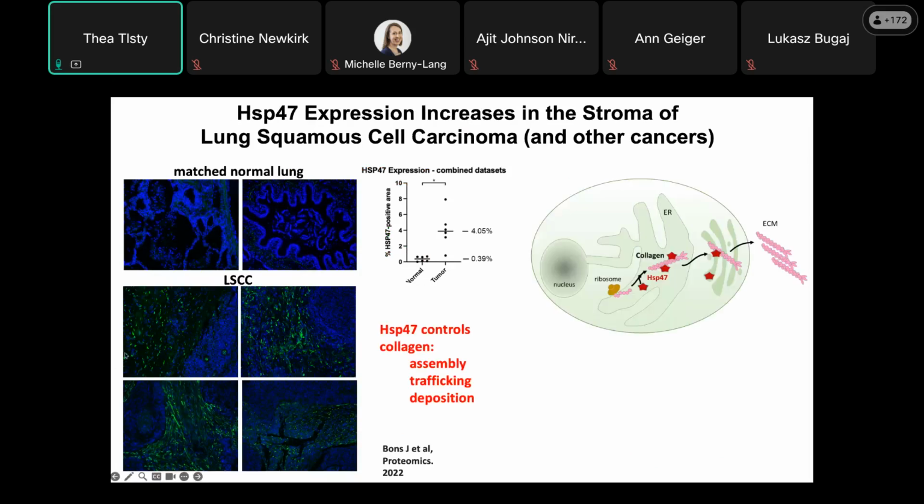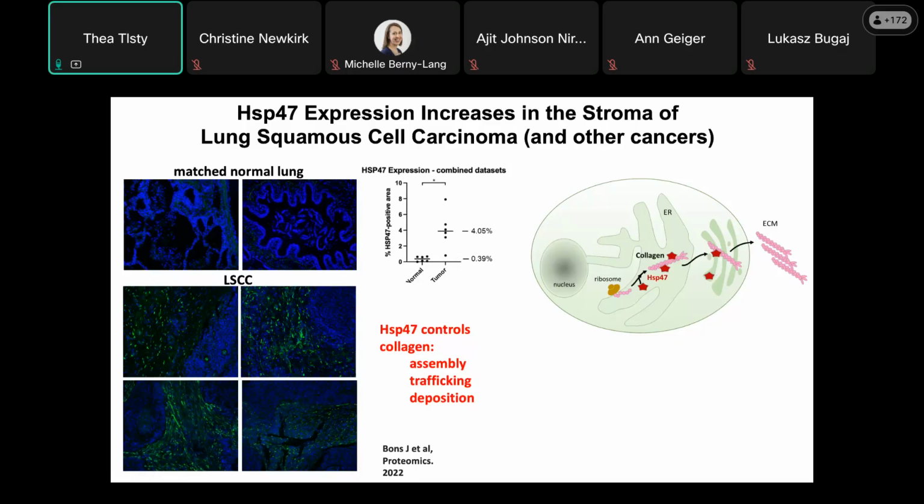And by the way, this would be the same if I showed you pancreatic cancer, esophageal cancer, bladder cancer, anything. There's a subset of fibroblasts that expresses HSP47 in all of those cancers. HSP47, as I said before, allows for the maturation of collagen as well as the secretion and bundling, which tells us that it's very important.